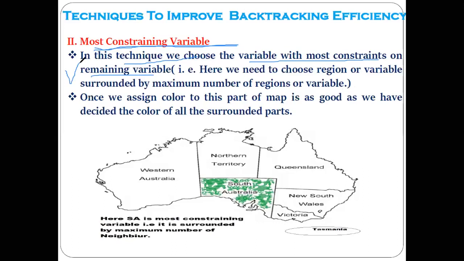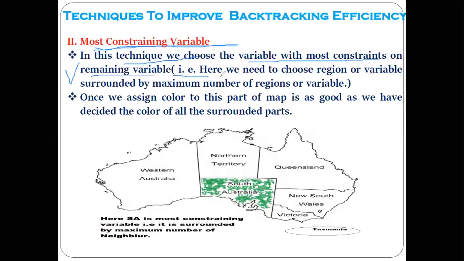Which is mostly affecting the remaining variables. Yes or no? Yes, sir. You are getting the point. Most constraining means which is mostly affecting its remaining variables, so choose that variable.